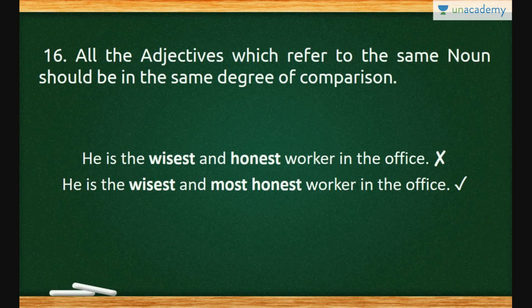Now notice that wisest is the superlative degree and honest is in the positive degree. So instead, we would put honest in the superlative degree. So the sentence becomes he is the wisest and most honest worker in the office.